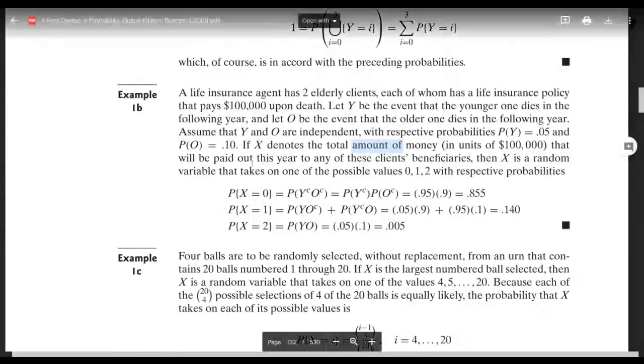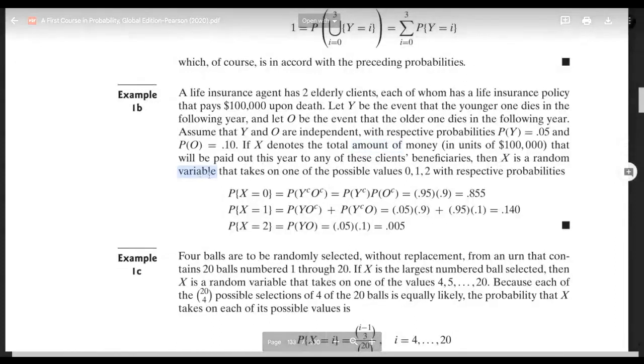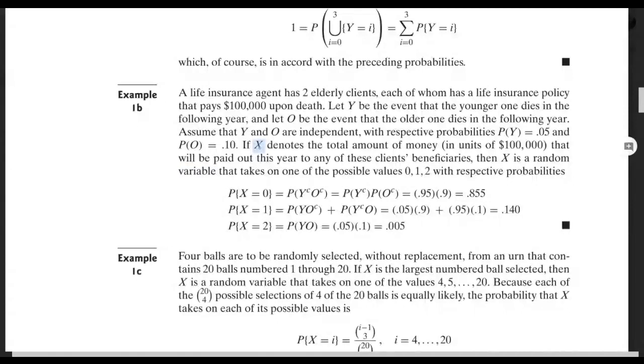Then X is a random variable, right? So basically, how many get paid. It takes on one of the possible values 0, 1, 2.